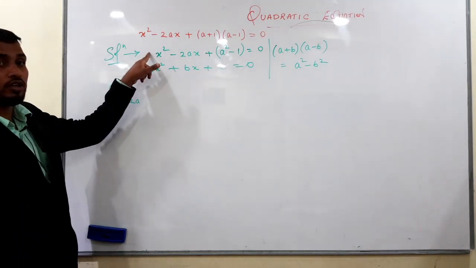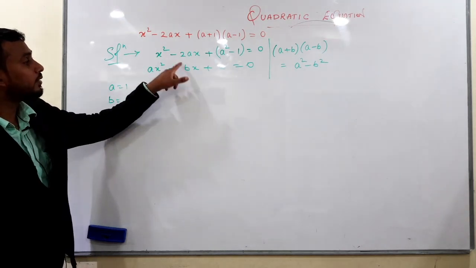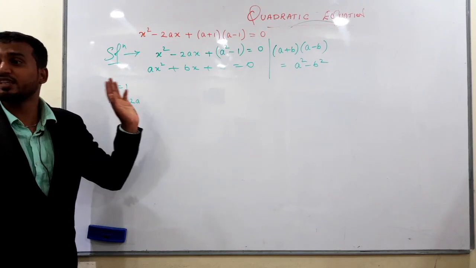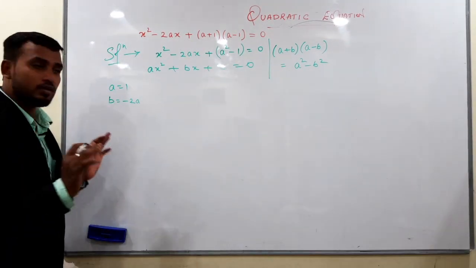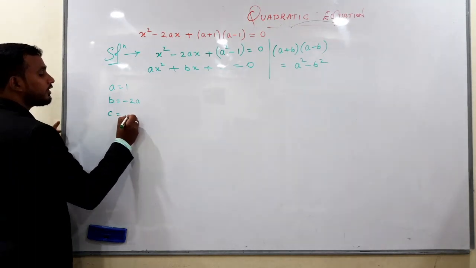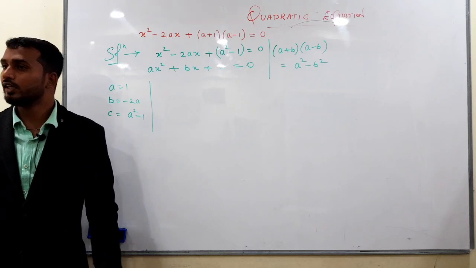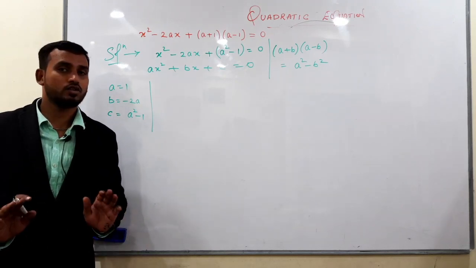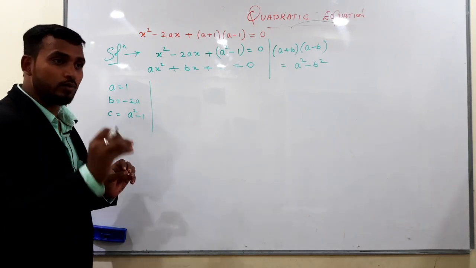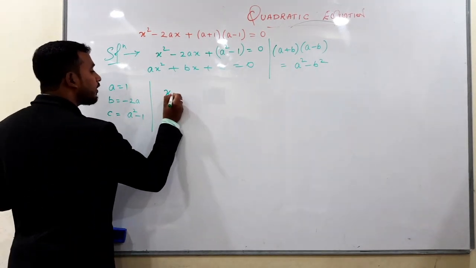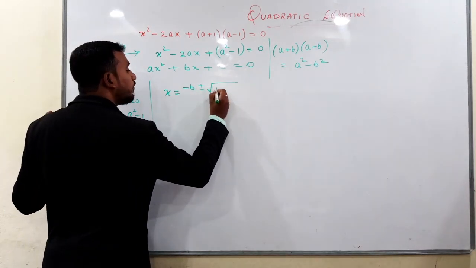Here a means we took 1, not 1x². a is 1, b is -2a. What is c? The complete remaining part is c, that is a² - 1. Concept clear?